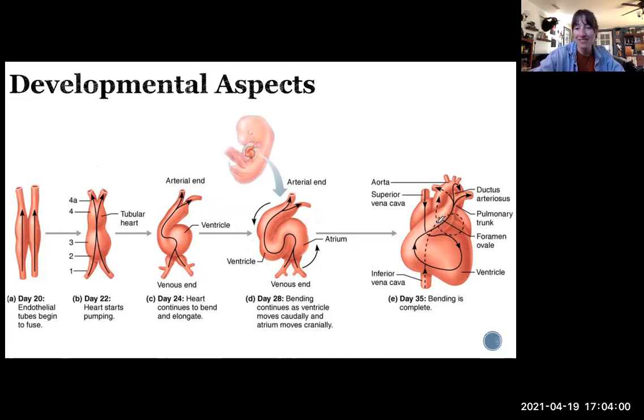However, it has these openings, aka the foramen ovale, in between the two atria, because you do not actually need to send blood to the lungs. The lungs are still developing and you aren't breathing air. So you instead just pass blood round and round to the rest of the body because you have reoxygenated blood coming in from the umbilicus here, right?